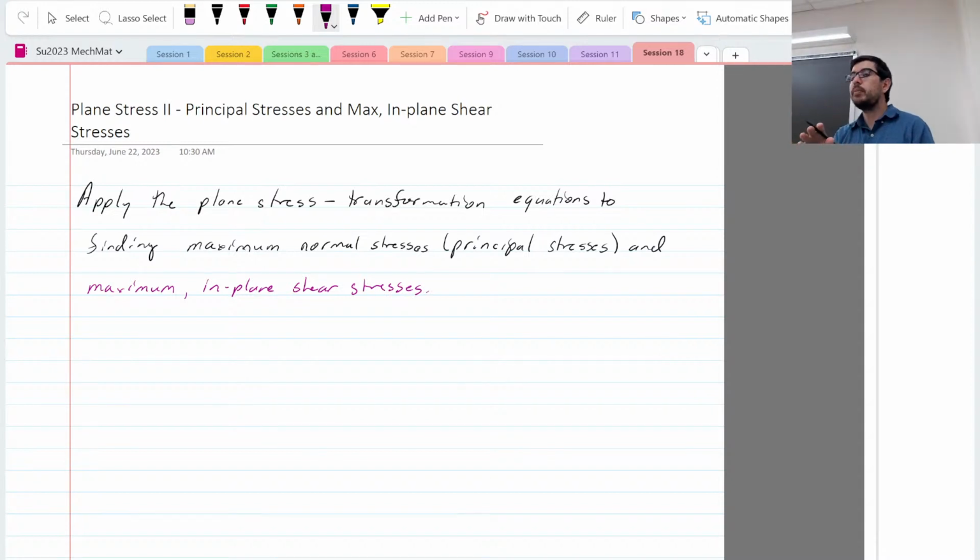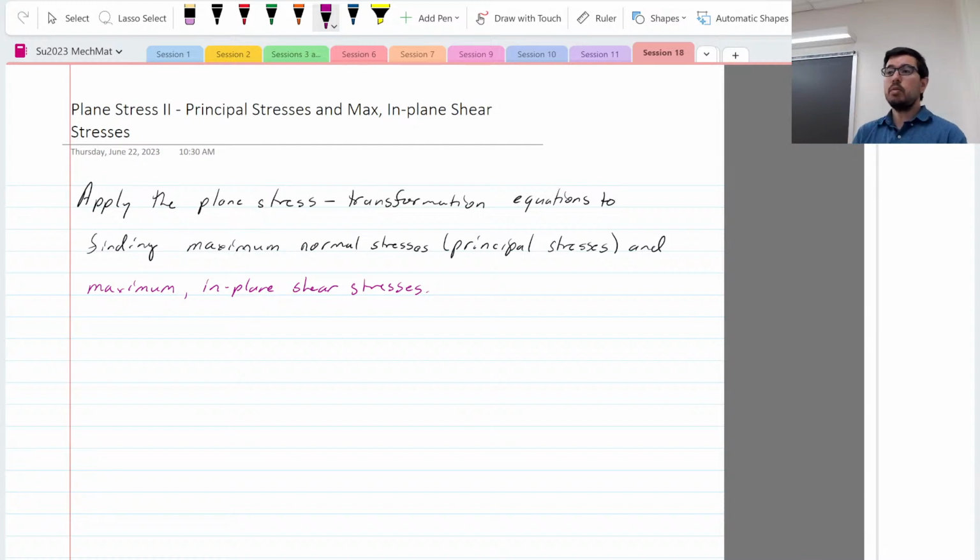So if we go back the last couple sessions, when we've started to look at combined loadings and the plane stress equations and equilibrium on triangular elements, what do we say the reason we're doing all this was? We said it was because materials fail under different modes.